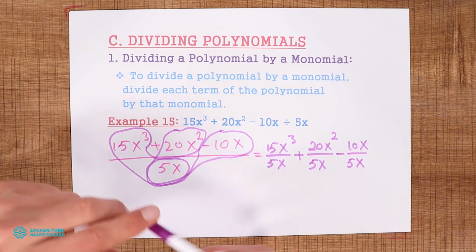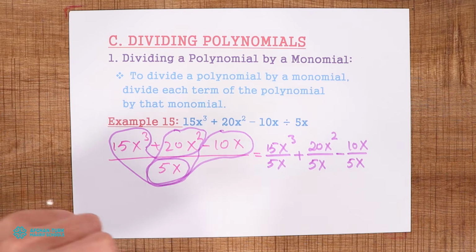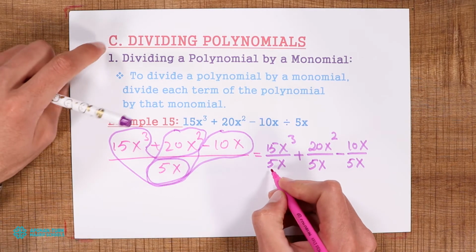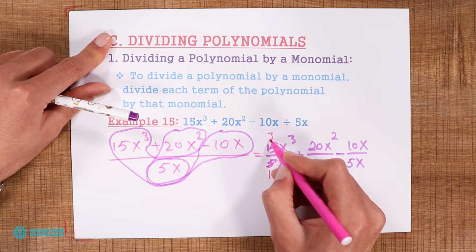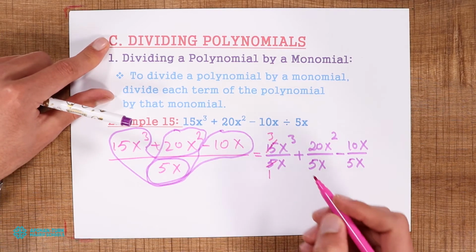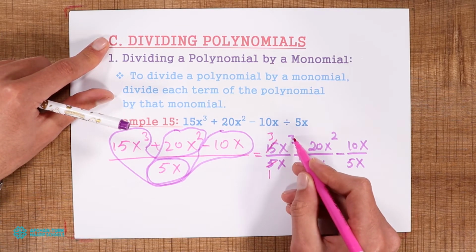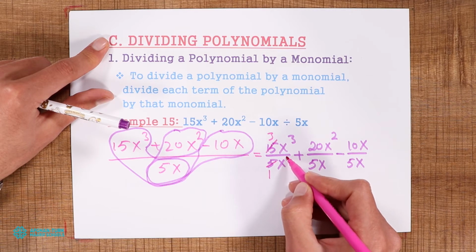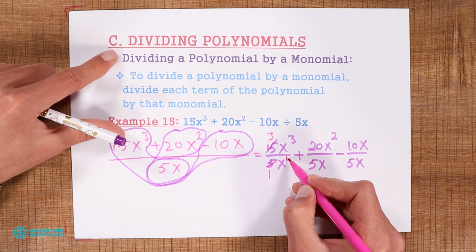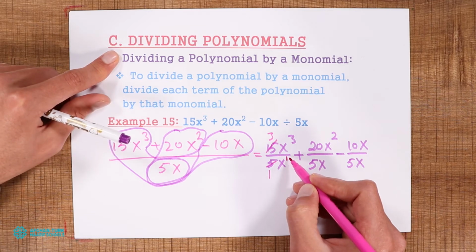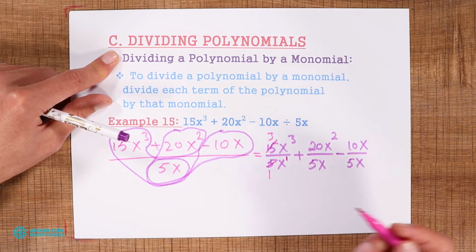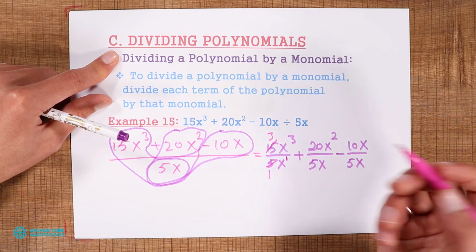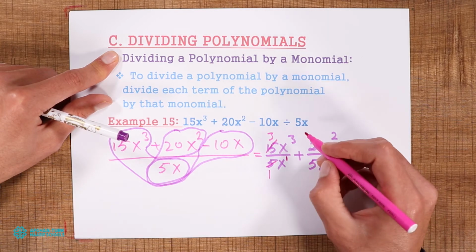Now to simplify this, we will simplify the coefficients first. 15 divided by 5 is 3. In here we have x to the power of 3, here we have x to the power of 1. So 3 minus 1 will be 2. Of course, you subtract the powers as a property of powers you studied before.